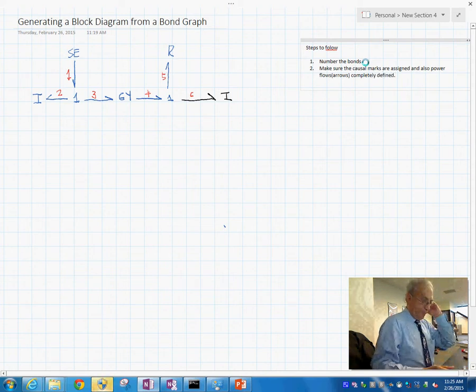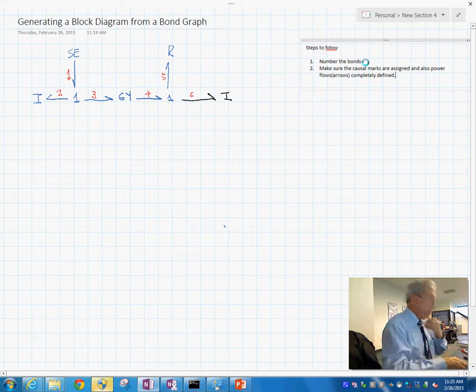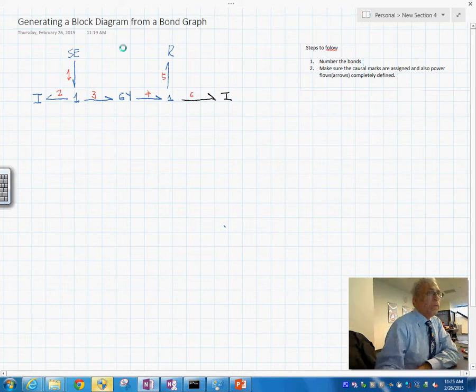Very good. The way we do this is a nice review. We assign first the causal marks to the sources in here, and then we assign them to the I and C elements in integral form first. Because this bond sets the flow for all the others, this one has to be like this.